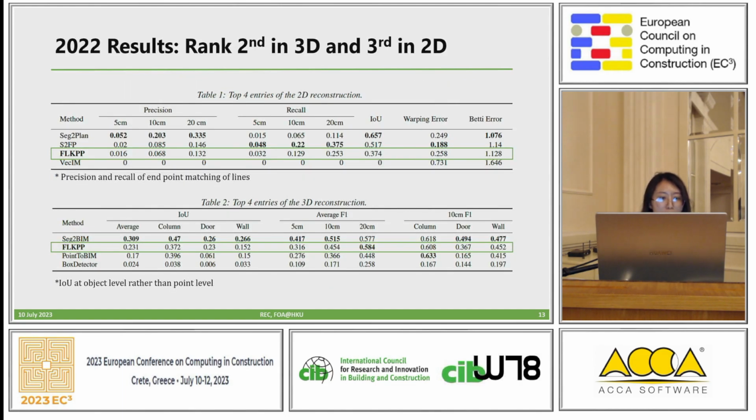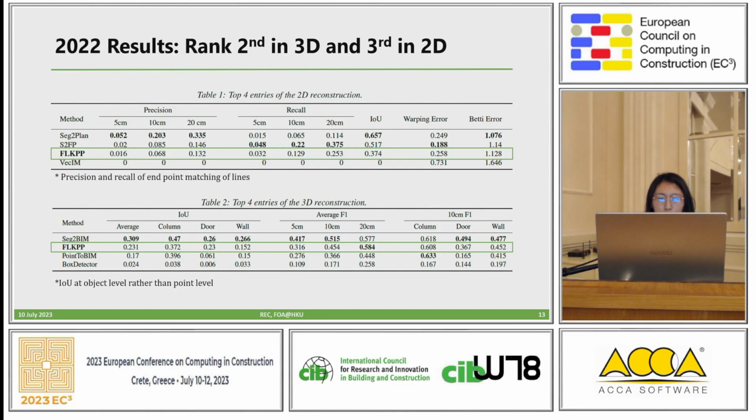And this is our result in the 2022 challenge. We ranked second in the 3D track and third in the 2D track. For the 2D reconstruction task, the metrics measure the endpoint matching of the lines of the floor plans, so there are precision and recall metrics here.